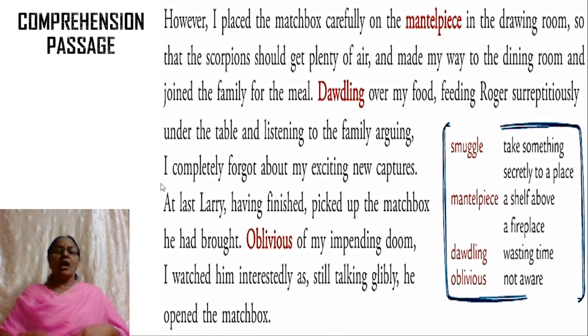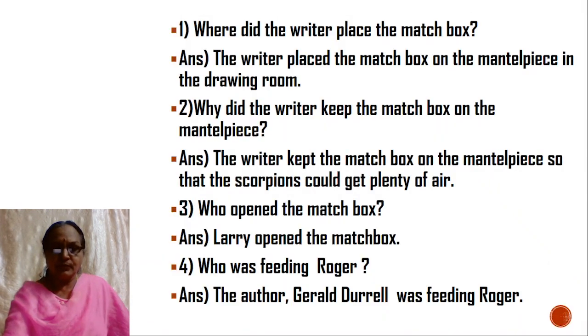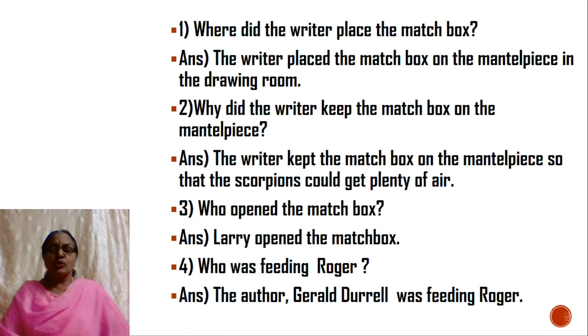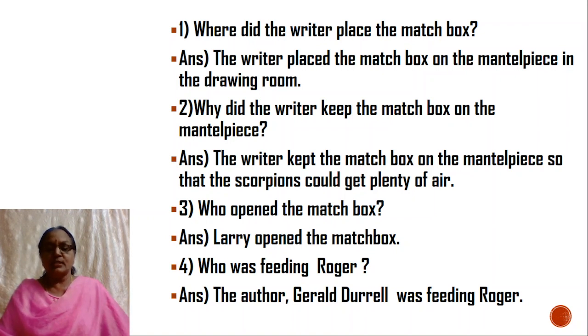Who's that I here? I is the author. So, who's the author here? The author is Gerald Durrell. So who was feeding Roger? The author, Gerald Durrell, was feeding Roger.